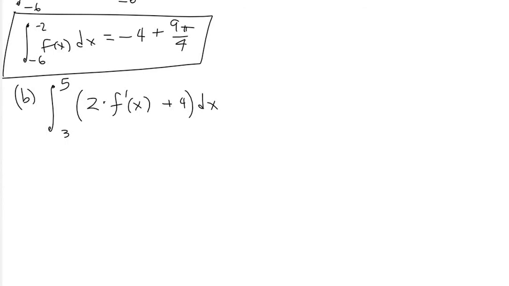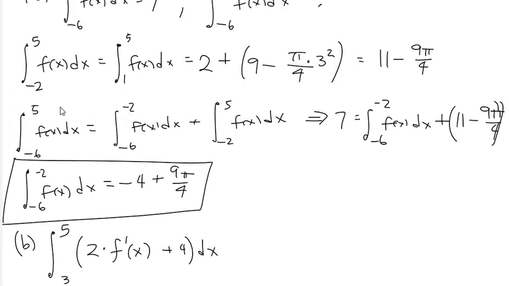And remember a while ago I talked about how this line right here is one of our definite integral properties, right? That if you integrate from a to c, it's the same as integrating from a to b and from b to c and adding those up. That was one of our definite integral properties.